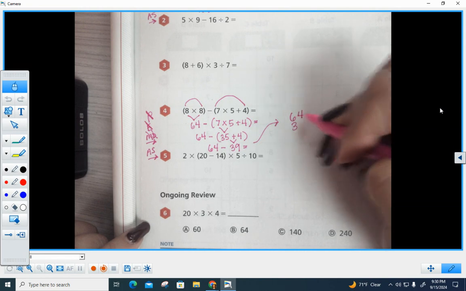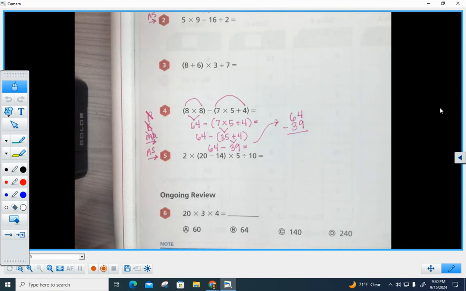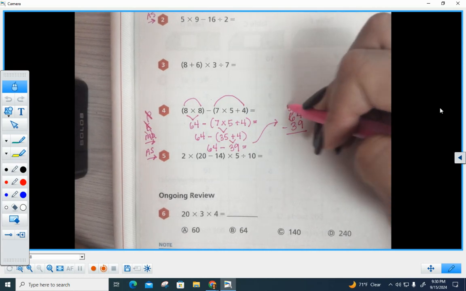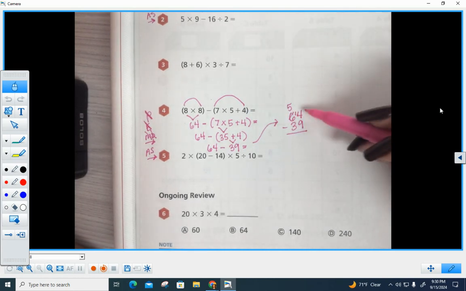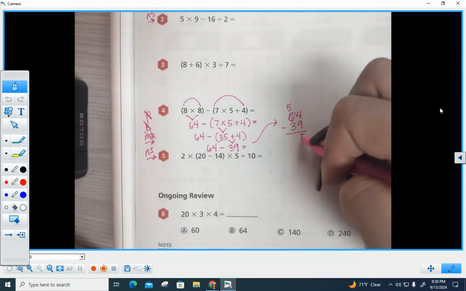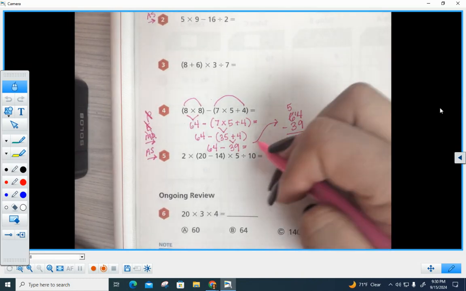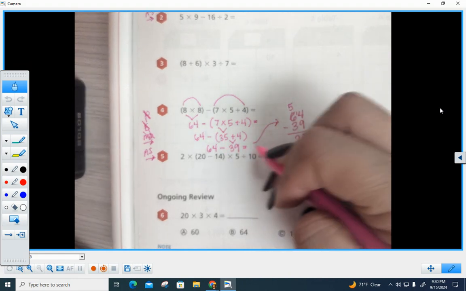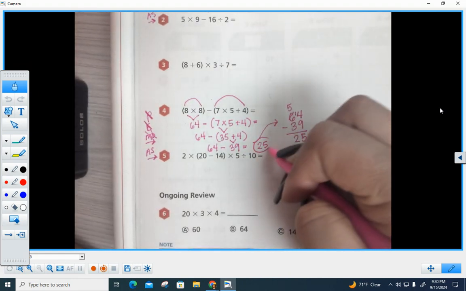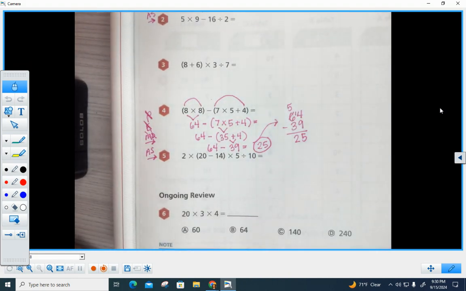So 64 minus 39. Let's subtract with borrowing. I'm going to borrow, bring that 1 over. 14 minus 9 is 5. And then 5 minus 3 is 2. So now I can see that 64 minus 39 gives us 25, and that's my final answer.